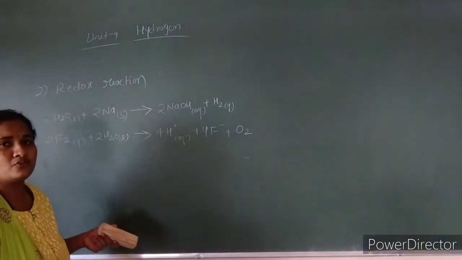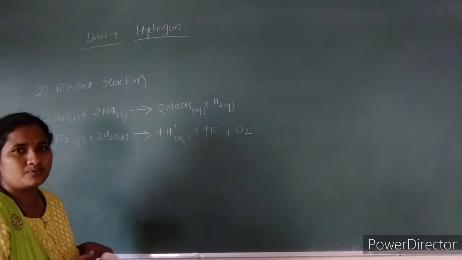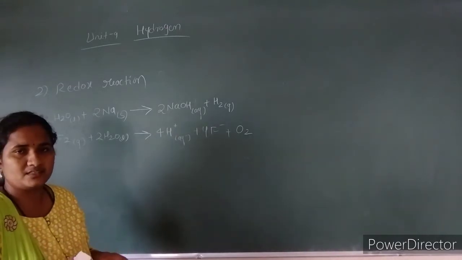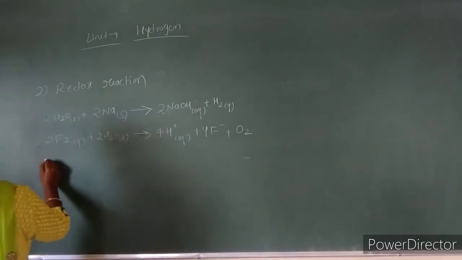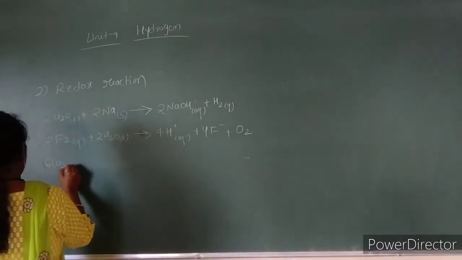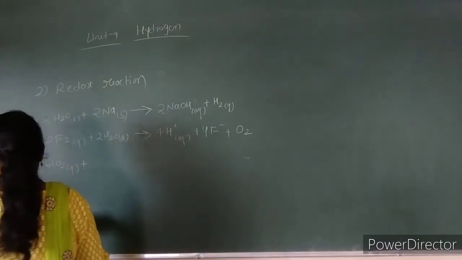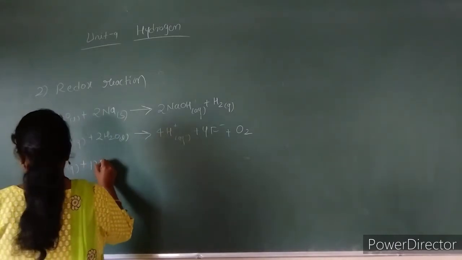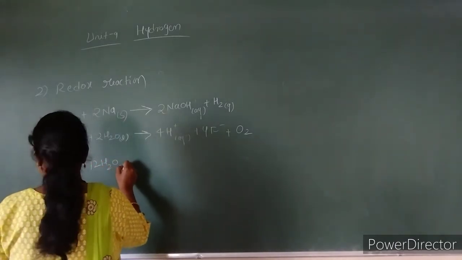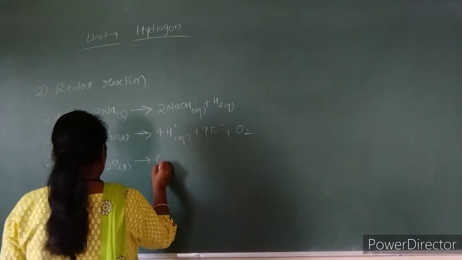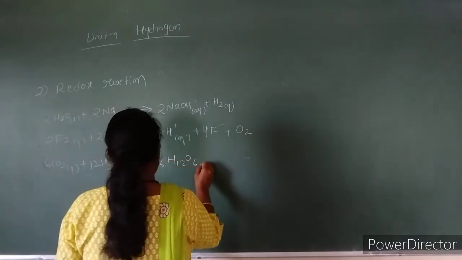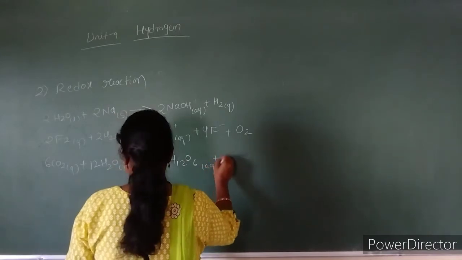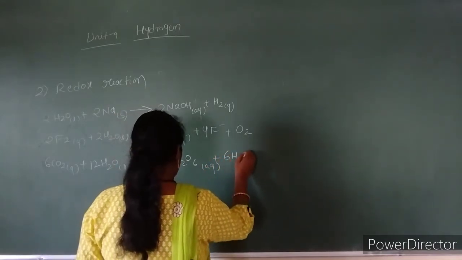Oxidation also occurs in the photosynthesis process. Photosynthesis is one of the best examples of the oxidation behavior of water. When carbon dioxide reacts with water, it produces glucose, or carbohydrate, with the liberation of oxygen molecule.